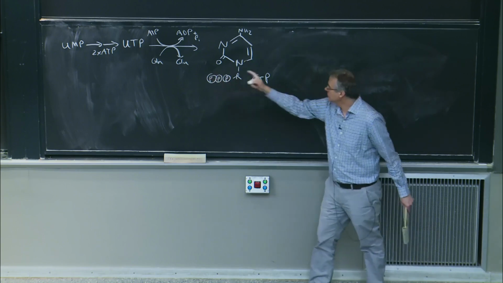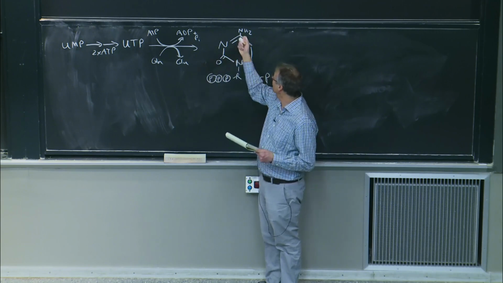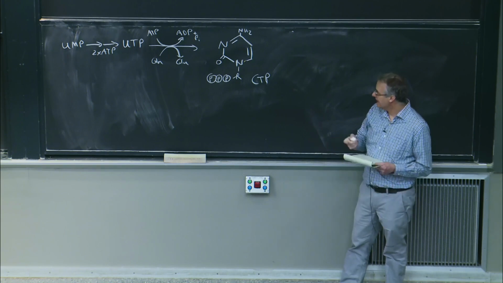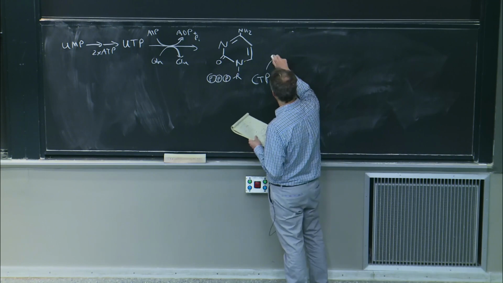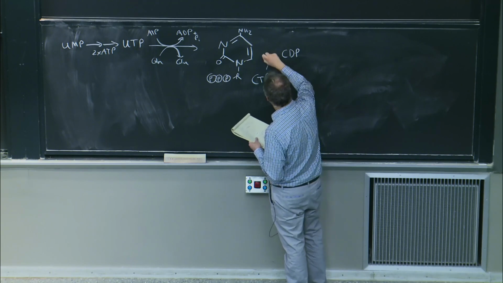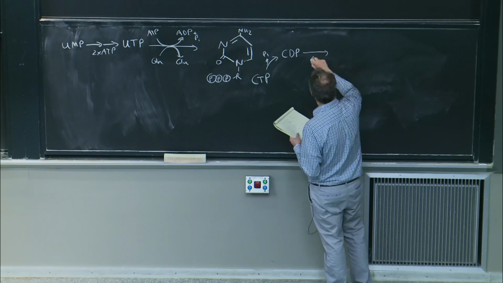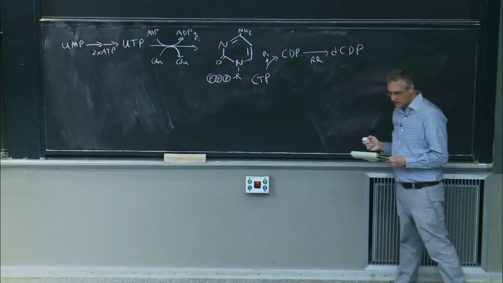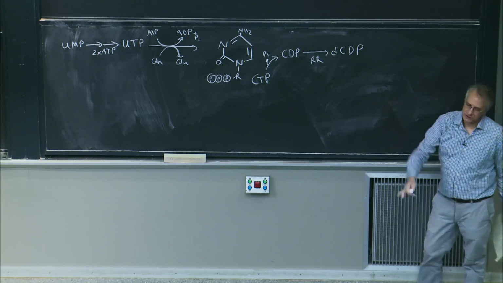Okay, so UTP to CTP reaction that we've already seen before gets us CTP. Now, to get deoxycytidine, obviously, remember ribonucleotide reductase acts on the diphosphate. Okay, so release a phosphate, so now we have cytidine diphosphate, and now ribonucleotide reductase can generate deoxycytidine diphosphate.